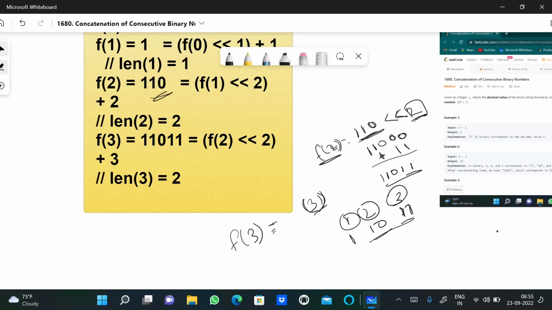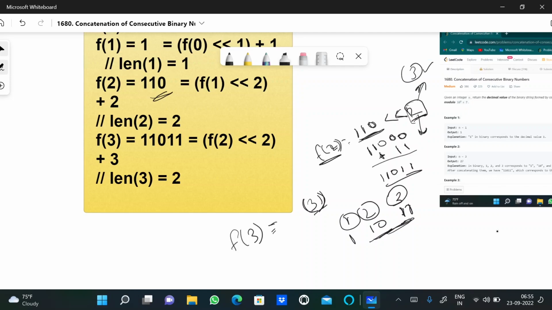After that we will get our final answer. So we will concatenate these two words, and we will left shift by the number of digits in that final n.